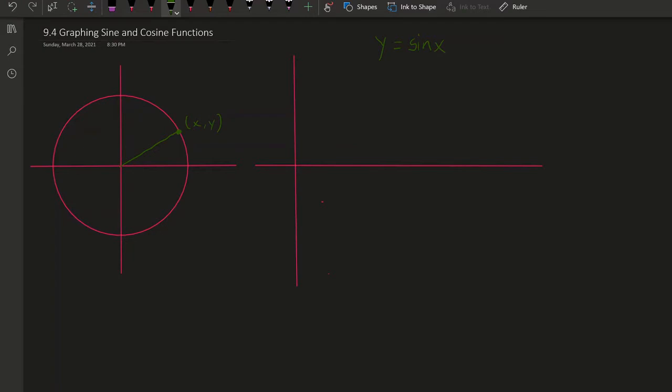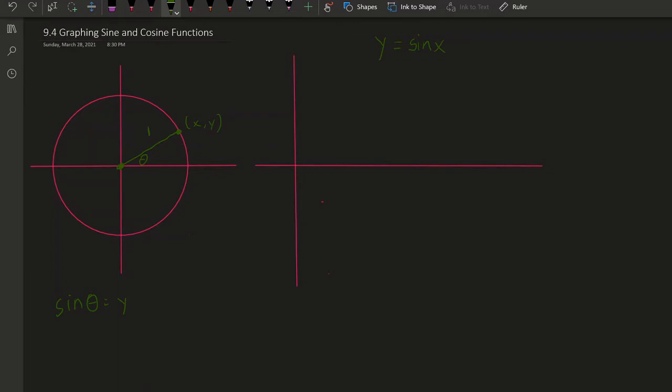So we're going to start off by looking at this unit circle, and we remember in the unit circle that if this right here is theta, then sine theta is equal to the y value that it intersects on the unit circle. Now remember that in the unit circle, we start with the center at 0, 0 with a radius of 1.